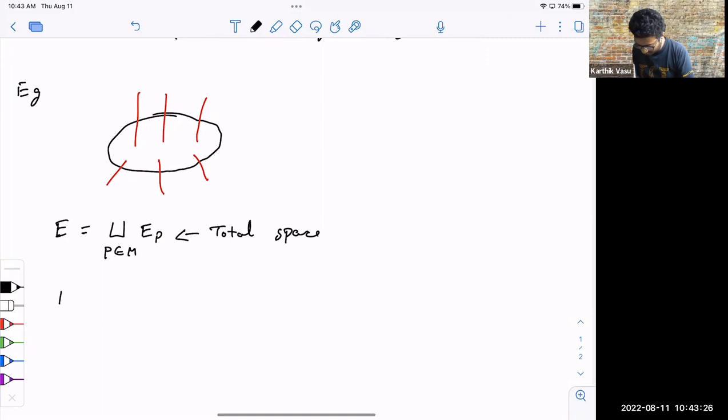And from this total space, there is always a projection, E going to the manifold, which just takes any vector. This vector will belong to some vector space E_P, and I'll just take it to P.